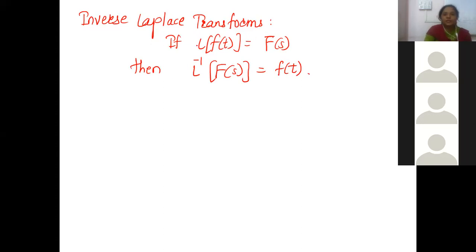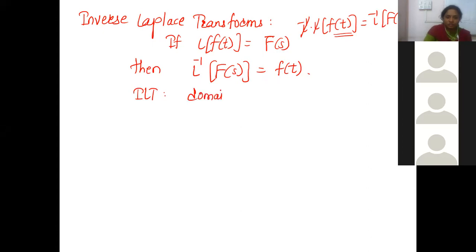What have we done? We applied Laplace inverse on both sides. So Laplace inverse of Laplace of f of t is Laplace inverse of F of s, and inverse and Laplace get cancelled, so here it is just f of t is equal to Laplace inverse of F of s. And what the Laplace inverse does, it transforms domain s back to domain t.